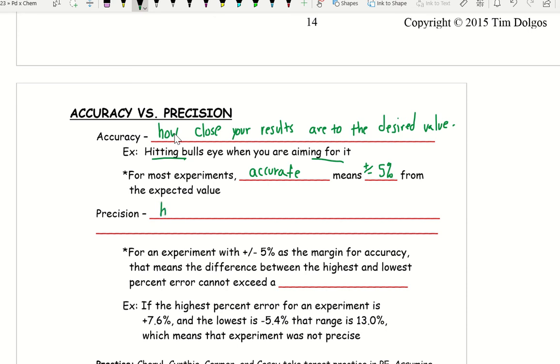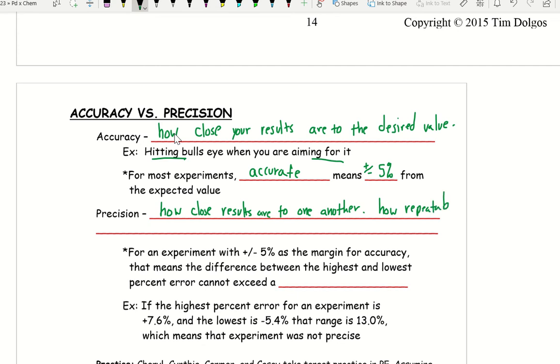But it also means how close you are to your other results, how close they are to one another. And if you are really close, it means you're very repeatable.